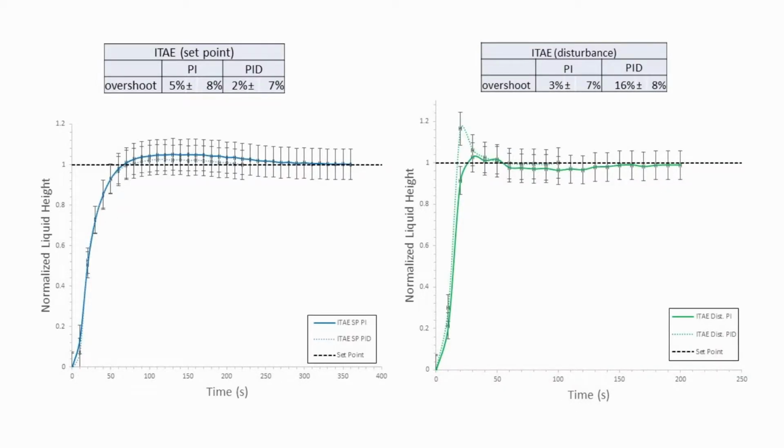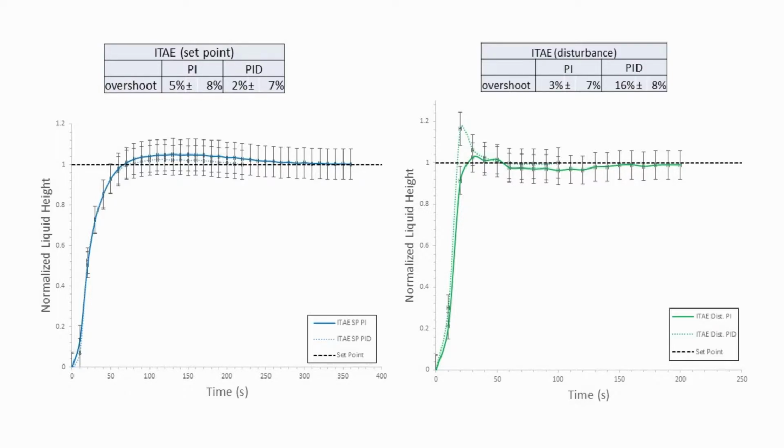Similar to the overshoot found in the IMC method, the ITAE setpoint method yielded a 5% plus or minus 8% overshoot for a PI controller and a 2% plus or minus 7% overshoot for a PID controller.